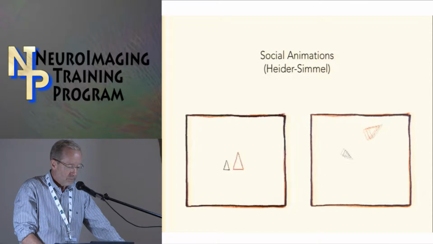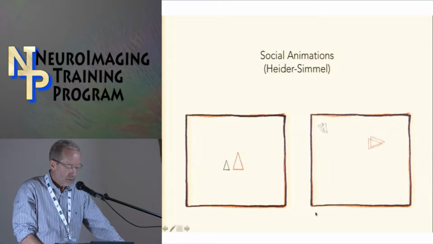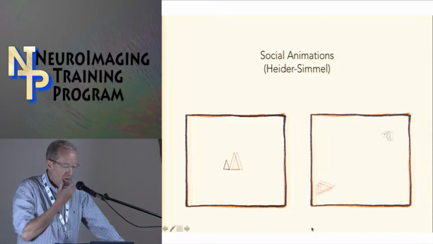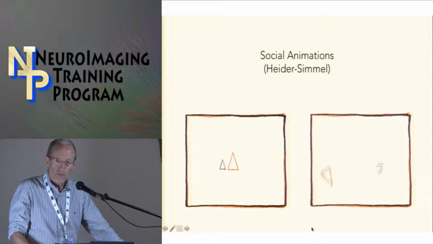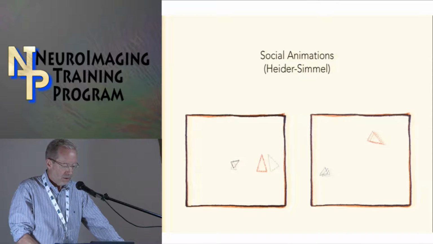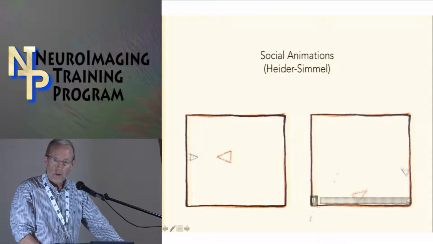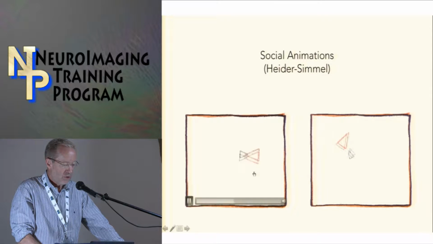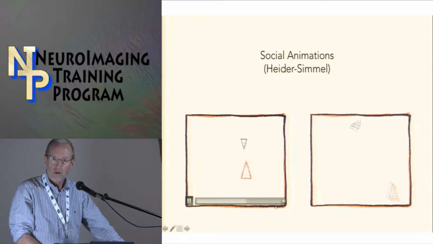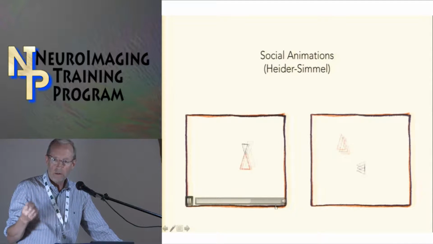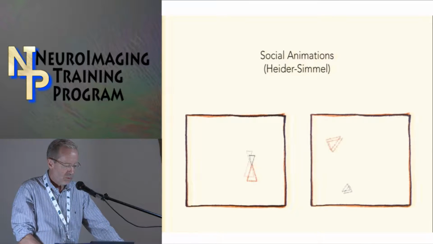Now, I'm sure most of you have seen these animations before, right? These are the Heider-Simmel social animations. What's the difference between what you see going on over here and what you see going on over here? Yeah. So these two triangles seem to be having a fight, right? There's a social narrative that you just spontaneously attribute to this motion stimulus.